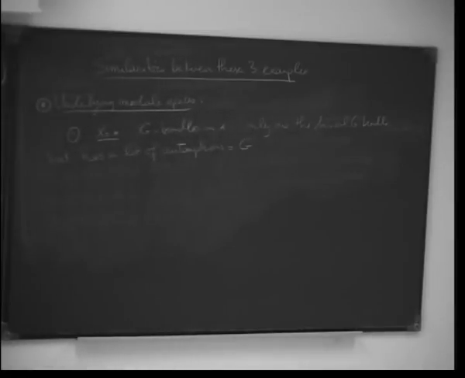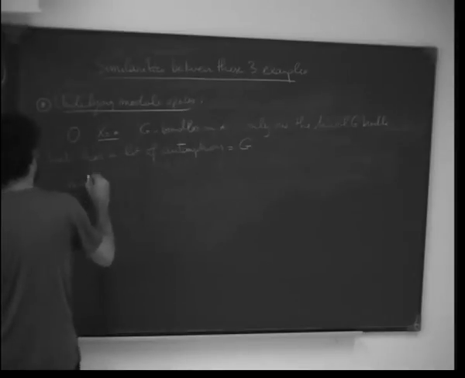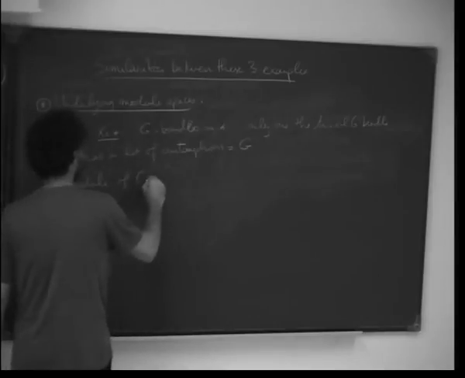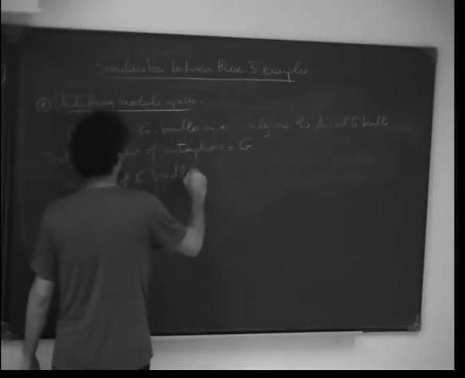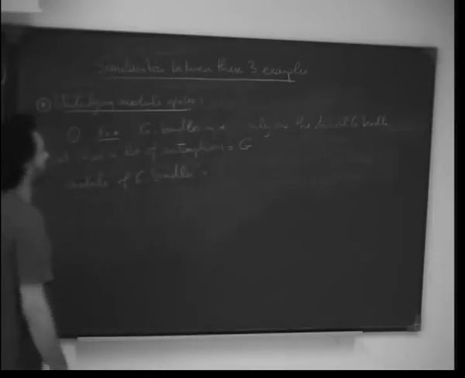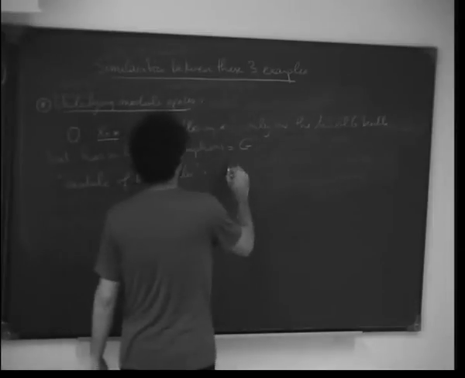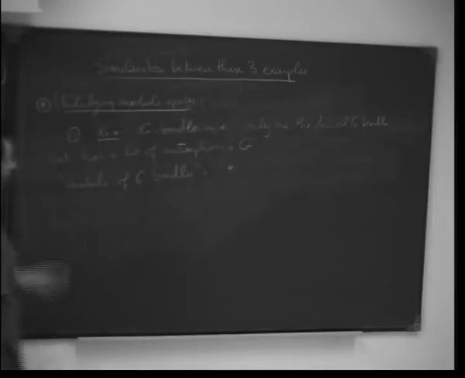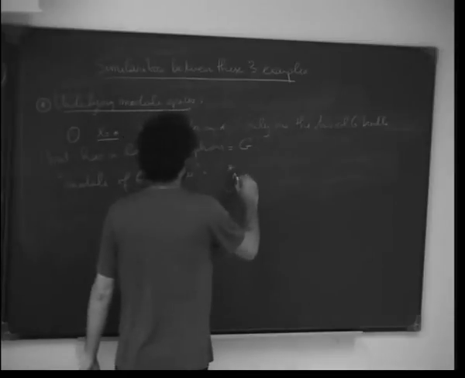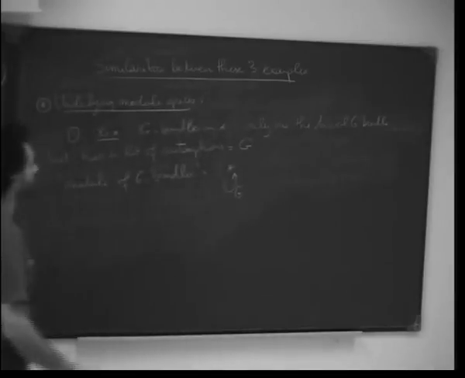So G is the group of automorphisms of the trivial G bundle on the point. So the moduli of G bundles, if you want to construct it, well, there is only one point, which is the trivial G bundle, but this point comes with many automorphisms. So it's something like a point where G acts trivially.